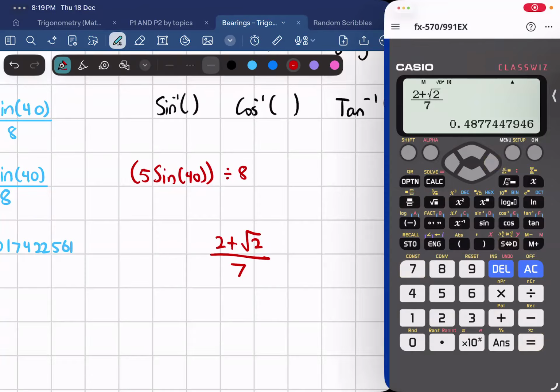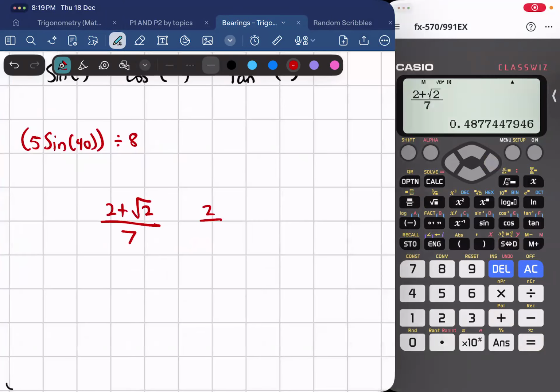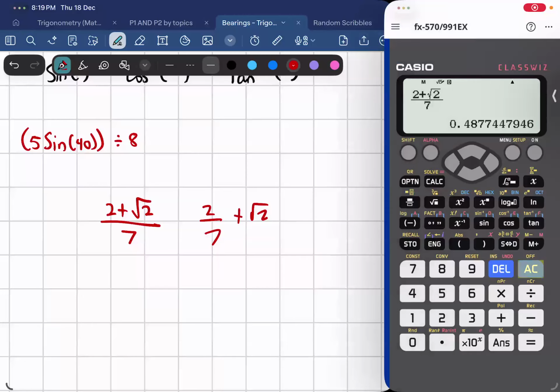You see? Different answers. Let me show you what your calculator is doing. Your calculator probably thinks it's 2 over 7 plus root 2.